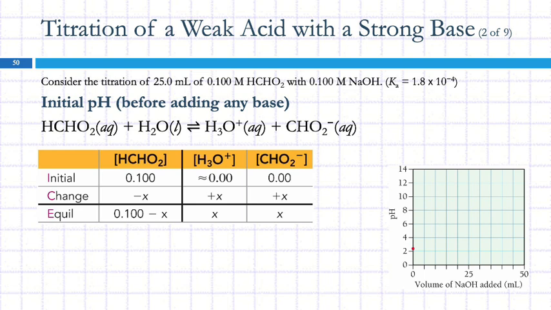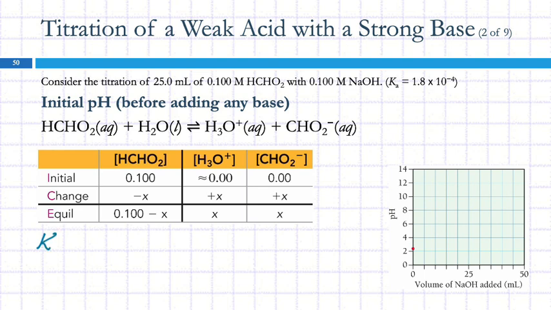So let's look at the initial pH before we add anything. The initial concentration of the acid is 0.1. The hydronium ion is about 0, and the conjugate base is about 0. And so this decreases by X, these increase by X, and so we have these at the end.